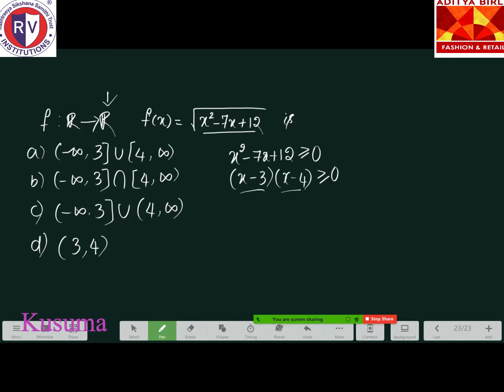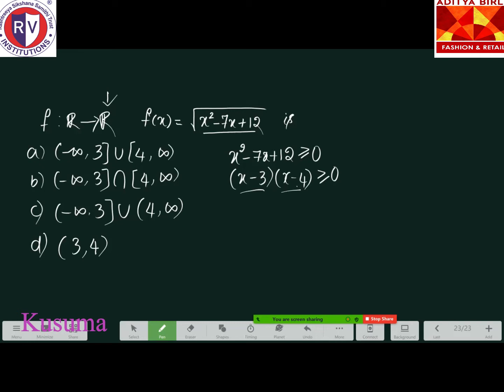Have I written this correctly? Are 3 and 4 the roots of this equation? Yes, ma'am. Okay. So for this to be positive, let us see when the product of these two factors will be positive.